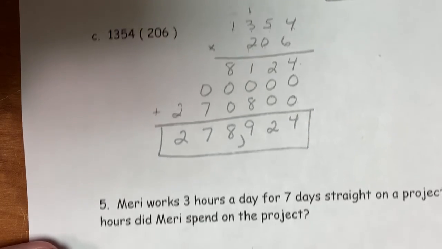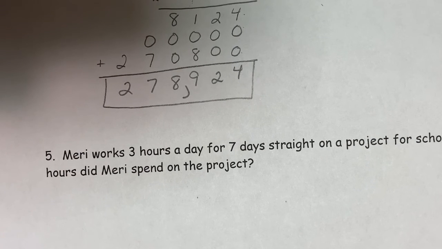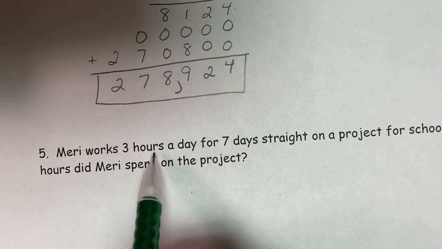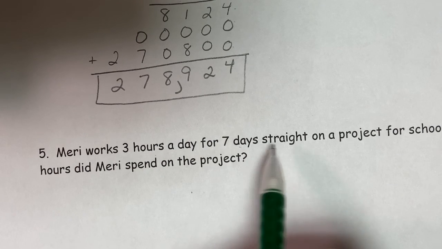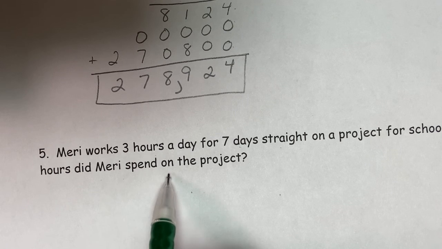All right, we have a couple of story problems here, but again, don't panic. These aren't like full-blown story problems. You should be able to read them and use some logic. So Mary works 3 hours a day for 7 days straight on a project for school. How many hours did Mary spend on the project? Well, how would I get my total number of hours?